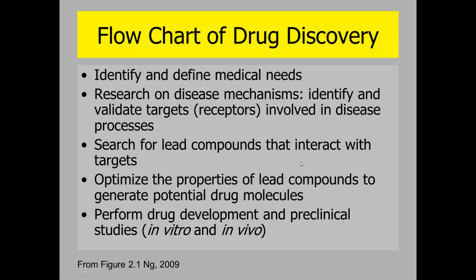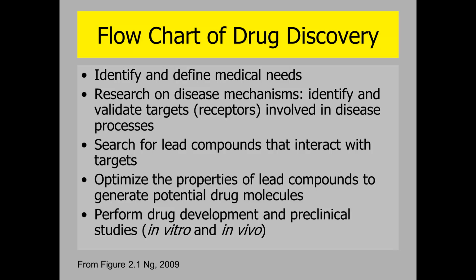So in order to identify what's needed in drug discovery, the first step is to identify and define medical needs. And then you have to identify the disease mechanisms. You have to identify and validate the targets that are involved in the disease process.